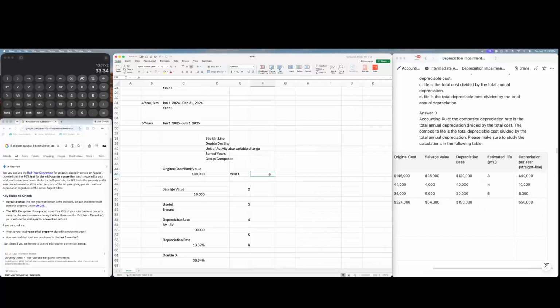For example, in the first year, because the original book value is 100,000, you wouldn't even have to use the depreciable base. So 100,000 times 33.4% would give you about 33,000 as the annual depreciation, right?